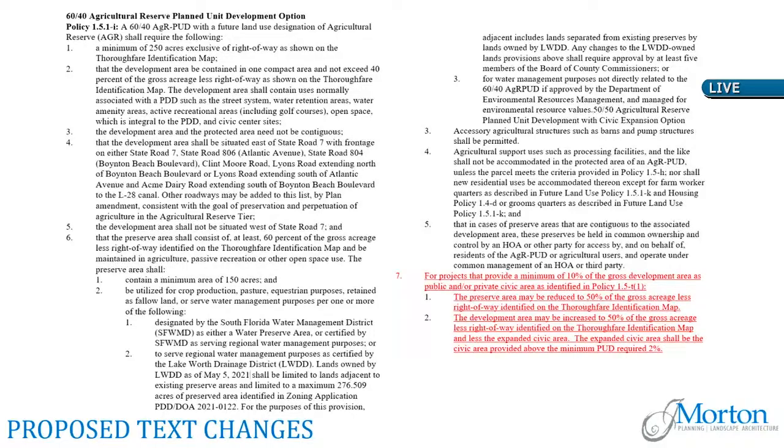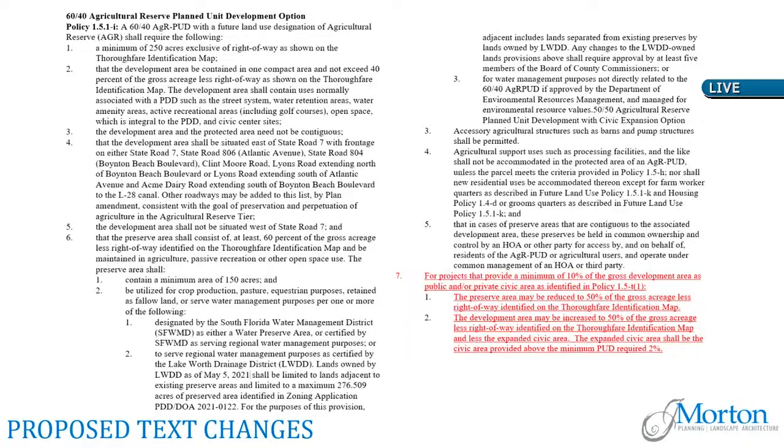For projects that provide a minimum of 10% of the gross development area as public and private civic use as identified in policy 1.5T, the preserve area may be reduced to 50% of the gross acreage less right-of-way on the thoroughfare plan map.